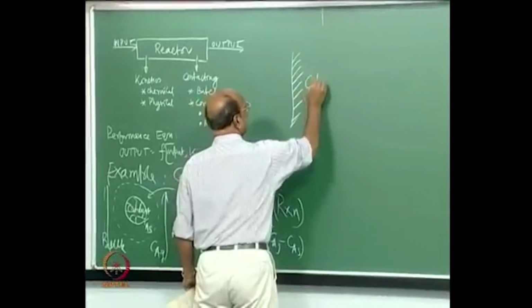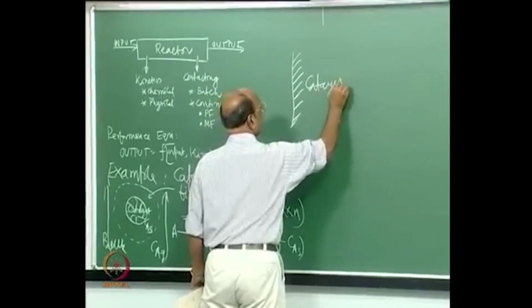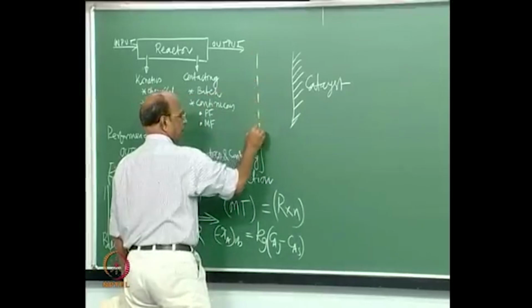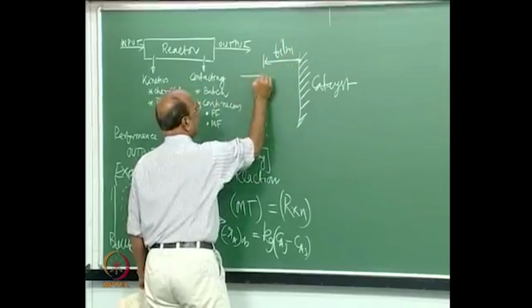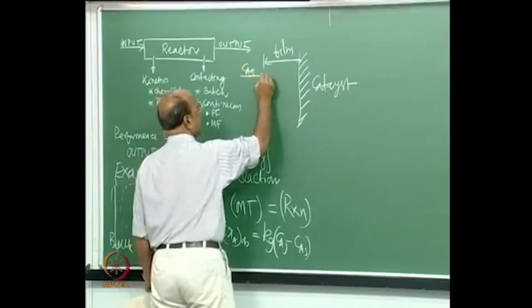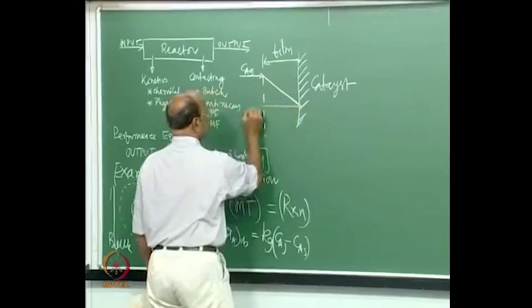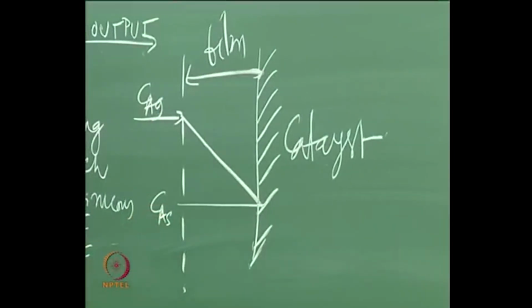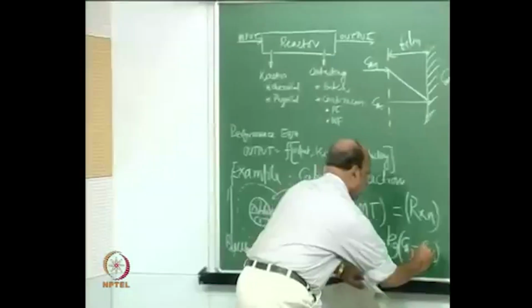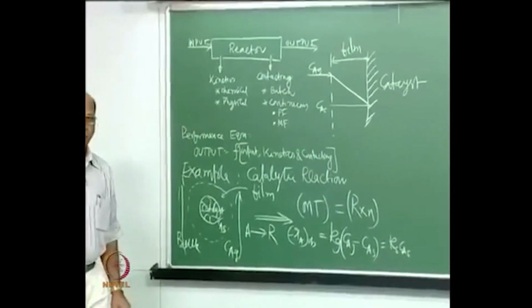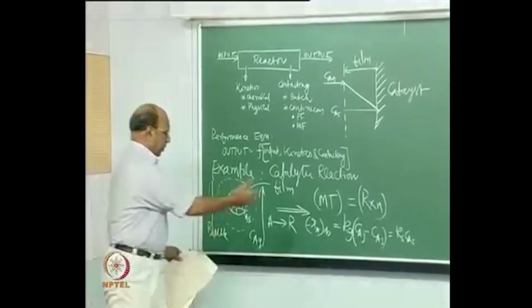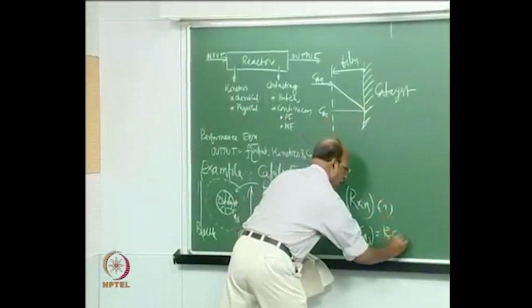This is the catalyst, and then this is the film, and this is CAg, and in general I may have this as CAS. It is exactly the same as yesterday's example, correct? So that is why this equation is also Ks CAS, and this is equation 1 and equation 2.